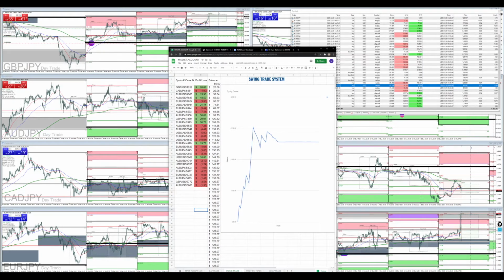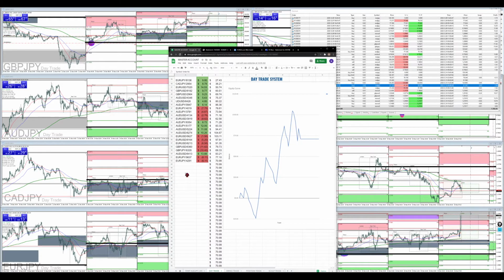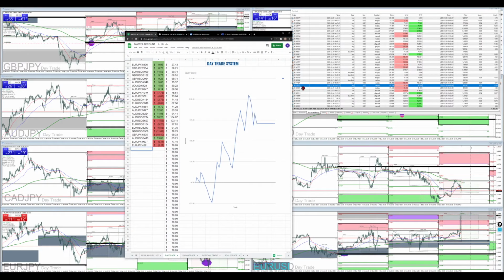So day trade. All right, so 8578 is the CAD yen. Day trade alert. Day trade alert.